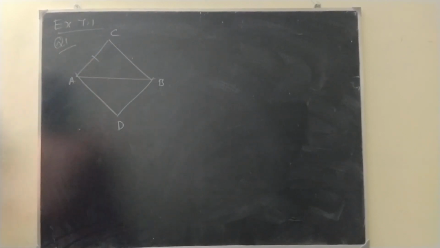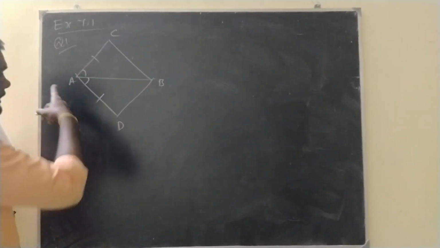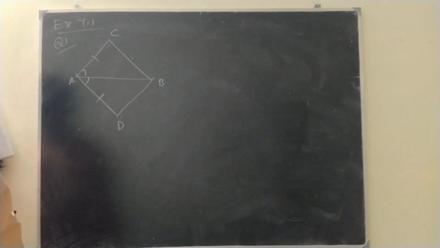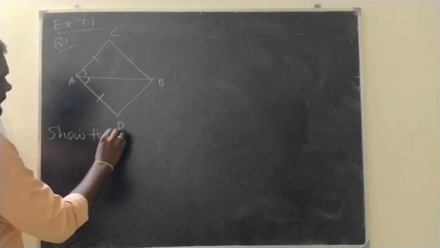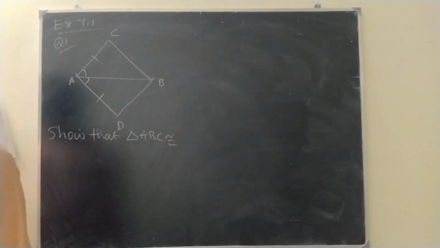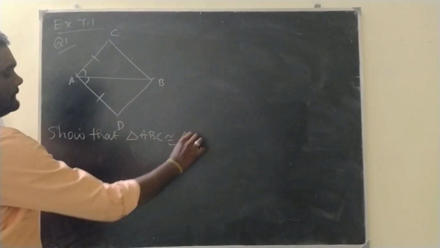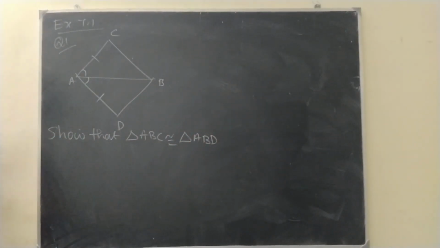AC is equal to AD, and AB bisects angle A. This angle A is bisected by the line segment AB. Show that triangle ABC is congruent to triangle ABD. That we need to prove.